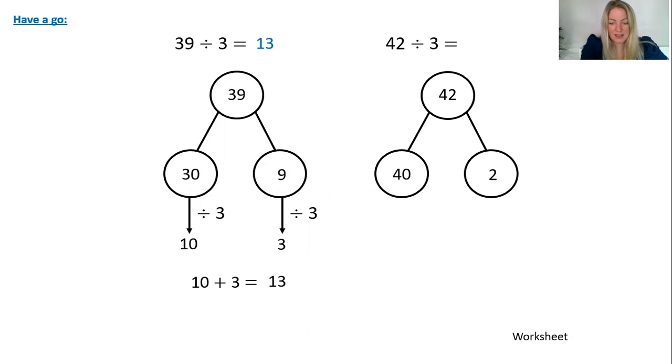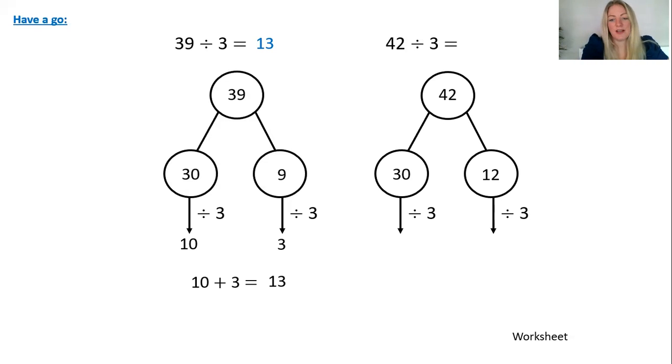So instead, we partition the 42 into, that's right, 30 and 12. We've exchanged one of our tens into 10 ones. We still have 42 altogether, but each part is now easily divisible by 3.